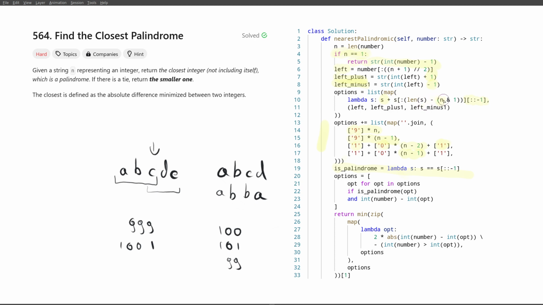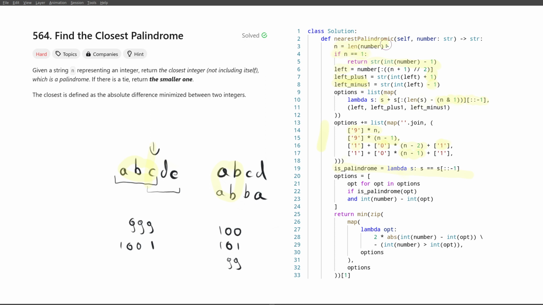And that number is either the whole first part, that's in terms of even length palindromes, or the whole first part minus the last element. So we just subtract the n modulo 2. That's the same thing as n bitwise ANDed with a 1. That's the least significant bit of the number n, where n is of course the length of the number that we're given.